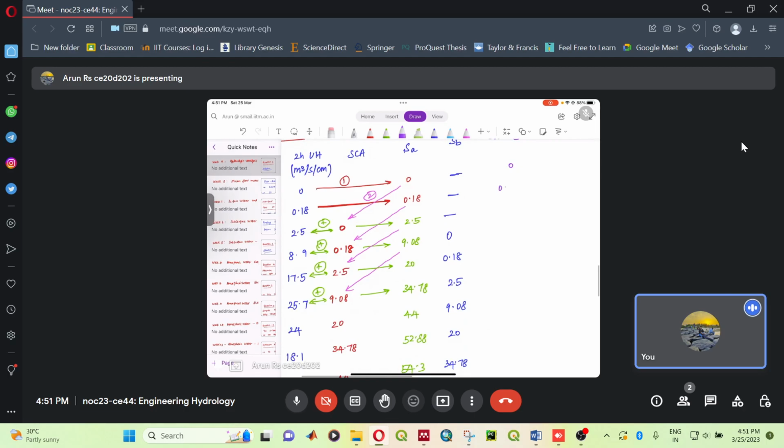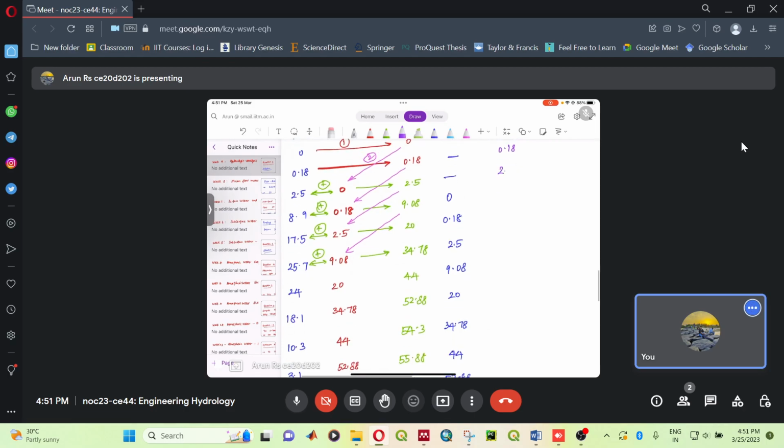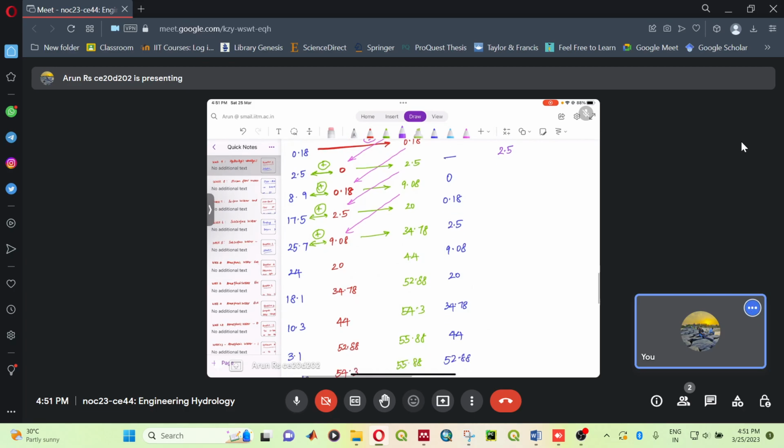So this will be 0, 0.18, and 2.5. So we are taking the difference between these two, and we are writing it here.